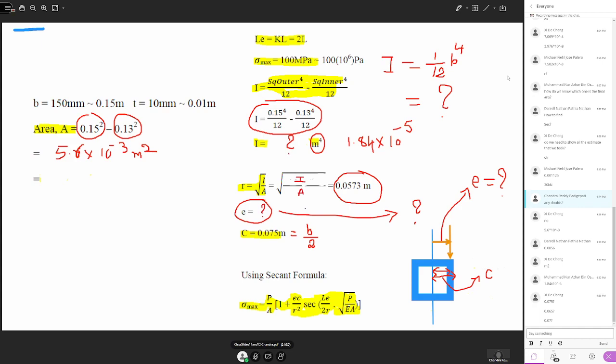Then use the secant formula. For sigma max, you know it is given as 100 megapascals. The load is known, 160 kilonewtons. So P is given as 160 kilonewtons.